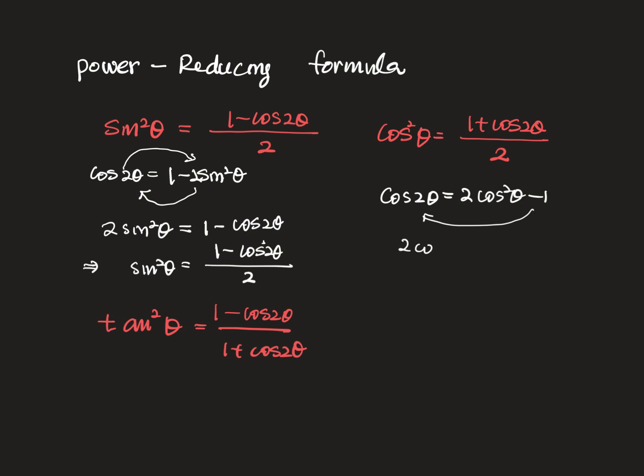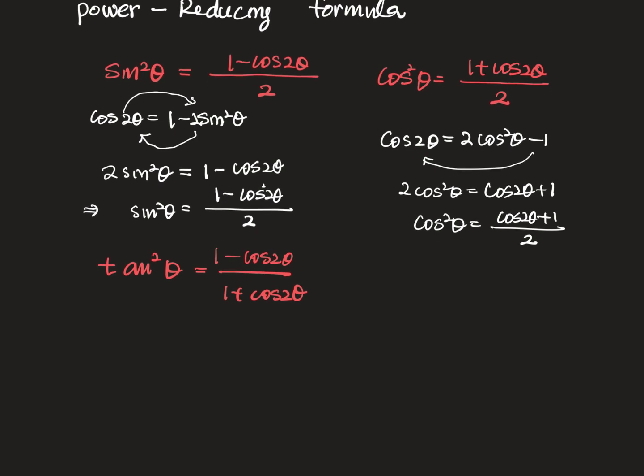So 2 cosine squared theta is cosine 2 theta plus 1, and dividing by 2, cosine squared theta is cosine 2 theta plus 1 over 2. Here the power 2 is reduced to power 1. That's what we call the power reducing formula, okay?